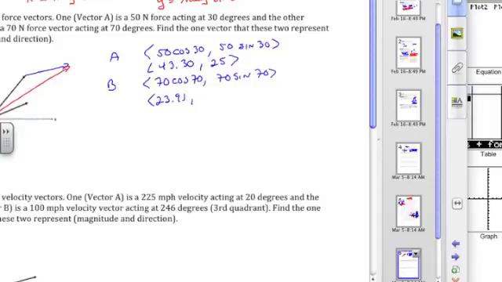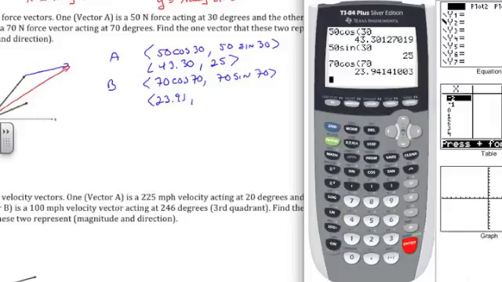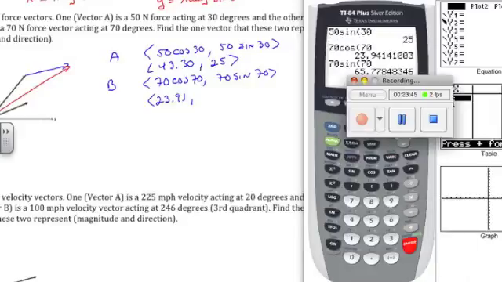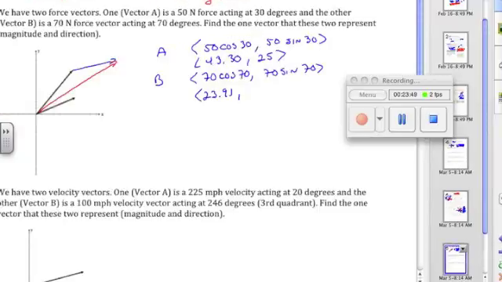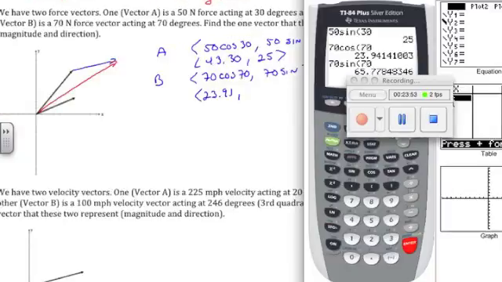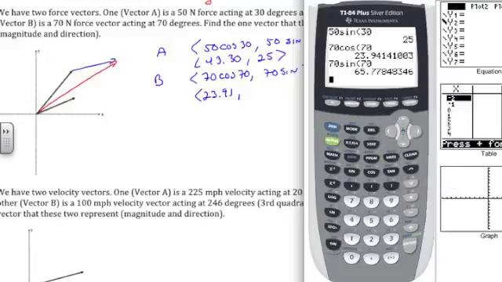And then I'm also going to do 70 sine of 70. And then go back to my calculator. And for the second one, I'm going to do 70. So I get 65.78.